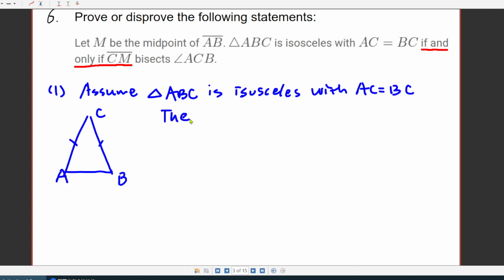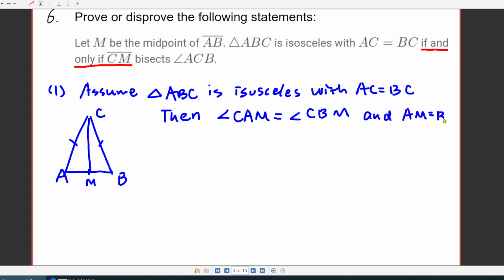Okay, if we assume triangle ABC is isosceles with AC equals BC, then we know that angle CAM must equal angle CBM. And also AM equals BM. This is a property of an isosceles triangle, right?